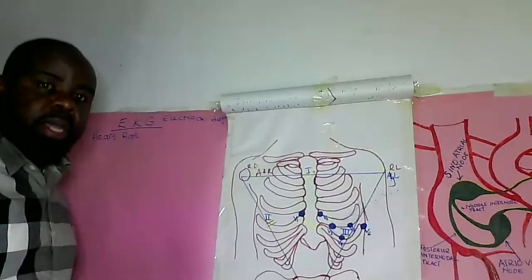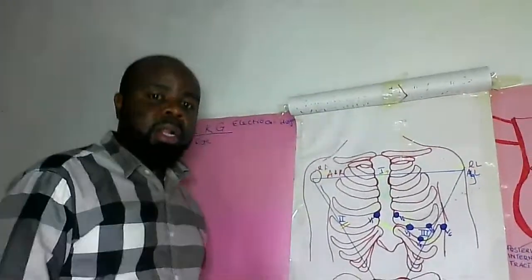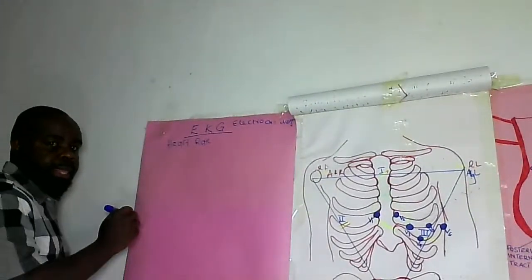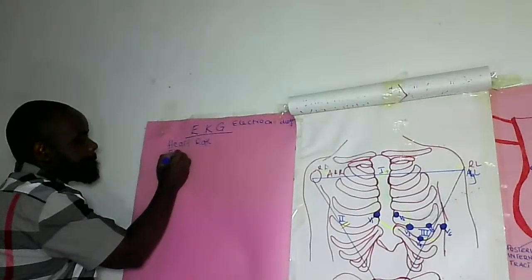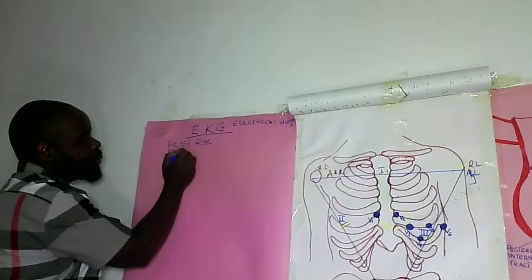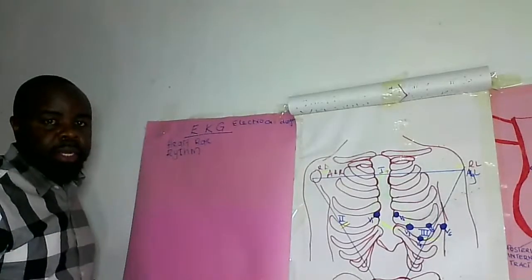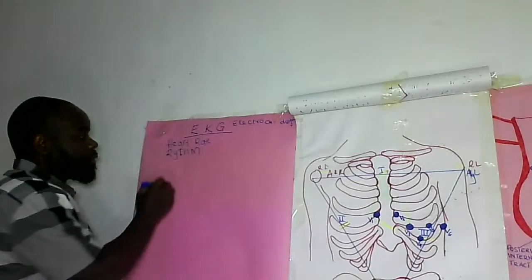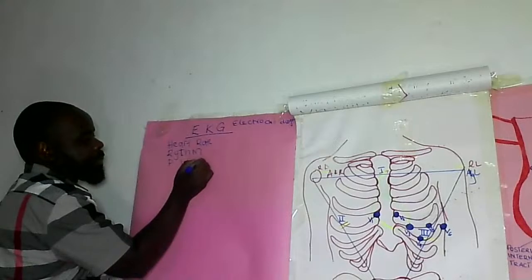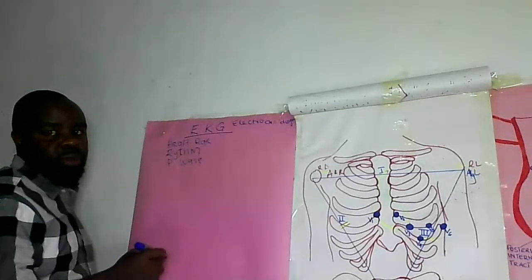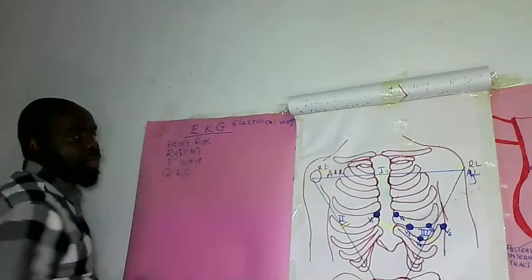Then we have something called the rhythm. Let me push this so that people can see well. And then we have something called the P wave, and we have the QRS complex.